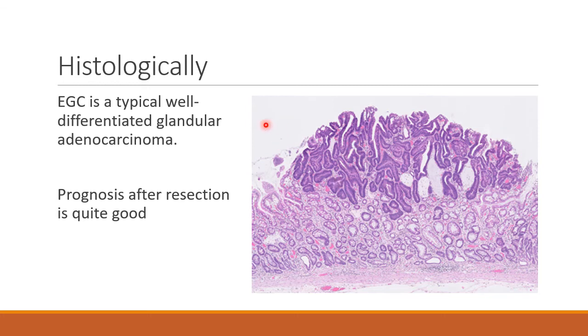Based on differentiation, they are divided into well differentiated, moderately differentiated, and poorly differentiated types. Well differentiated involves less than 25% anaplastic cells, and poorly differentiated has more than 75% anaplastic cells, and the in-between spectrum is the moderately differentiated type. So early gastric carcinoma that shows well differentiated glandular adenocarcinoma very well resembles the normal gastric glands, and prognosis is also good after resection.